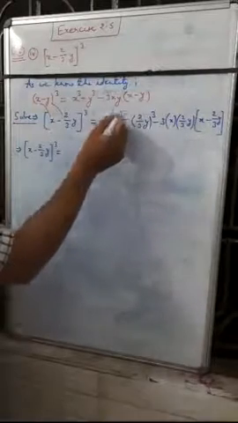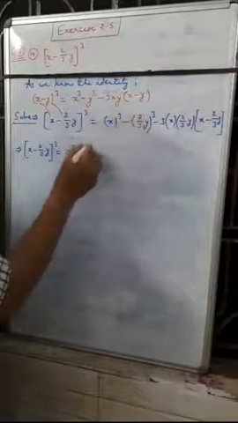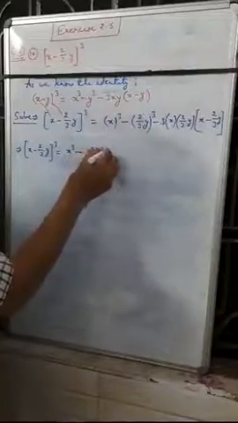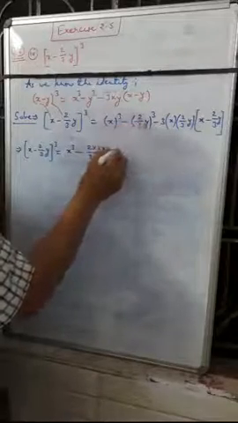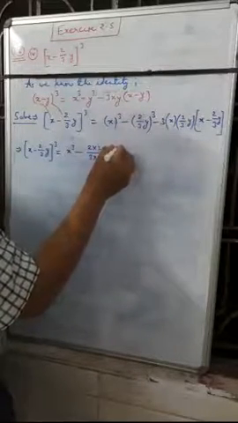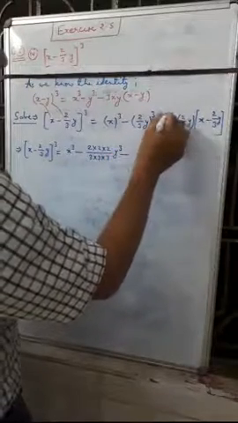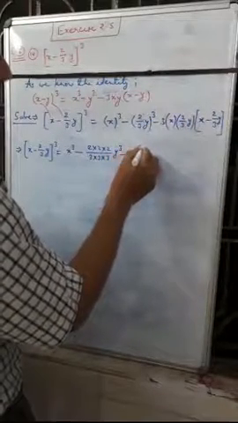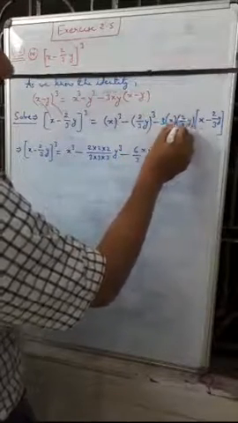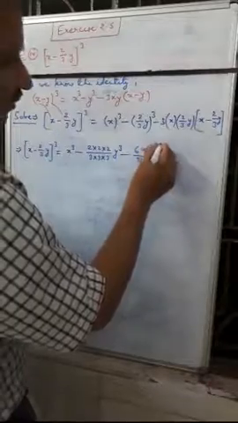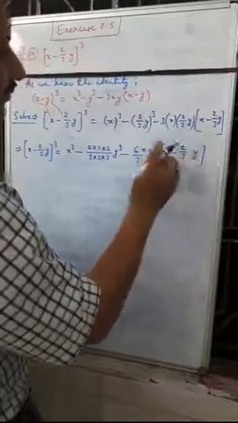So x cube is x cube, minus (2 by 3) whole cube, which means 2 into 2 into 2 over 3 into 3 into 3, and y will be multiplied 3 times, so it is y cube. Now minus 3 into 2 by 3 xy: 3 twos are 6, 6xy upon 3, so 2xy. And now we write (x - 2 by 3y).